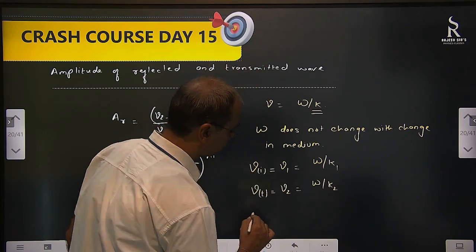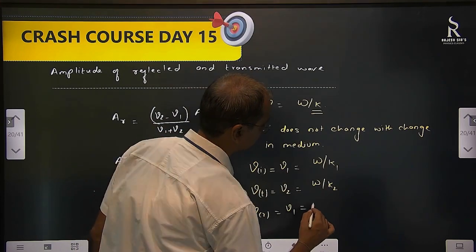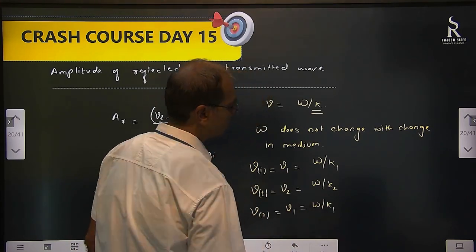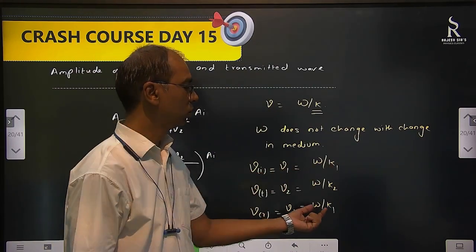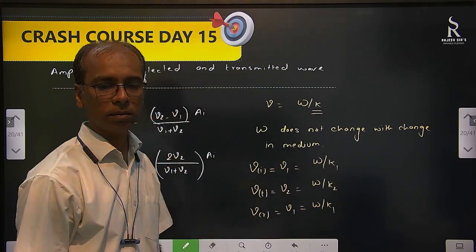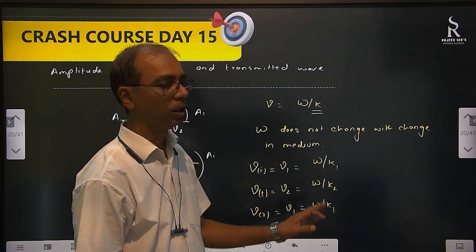And what about the velocity of the reflected one? That will be the same as V1 only. So incident speed is omega by k1, reflected is also omega by k1 because it's going in the same medium, omega is the same, whereas the transmitted one, V2, is omega by k2.